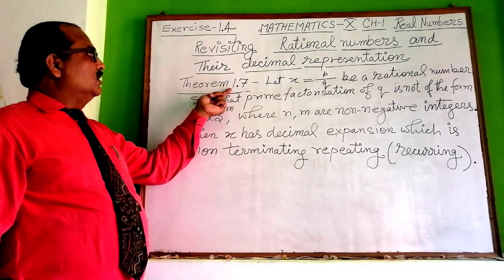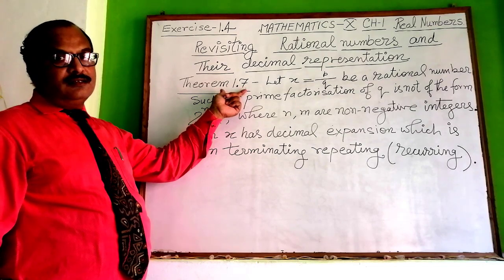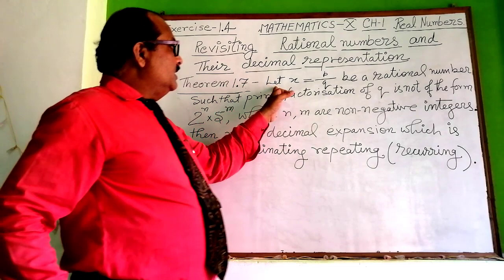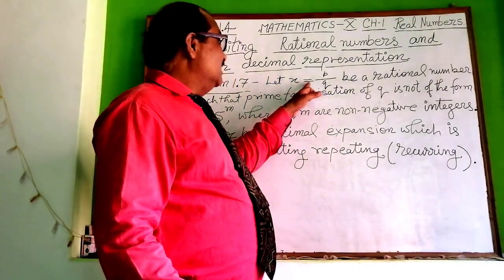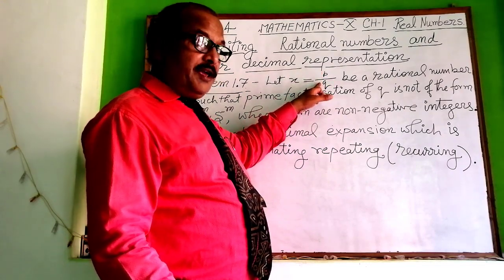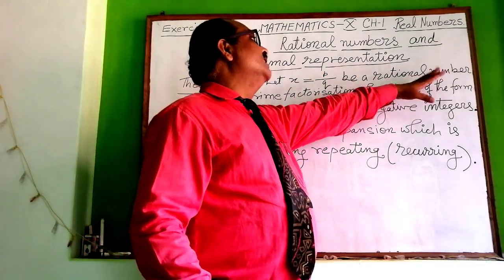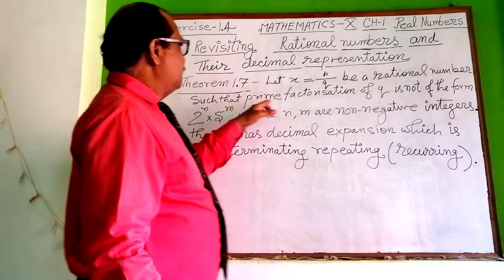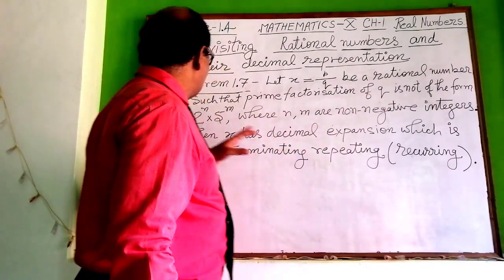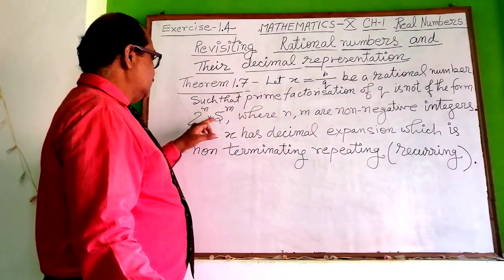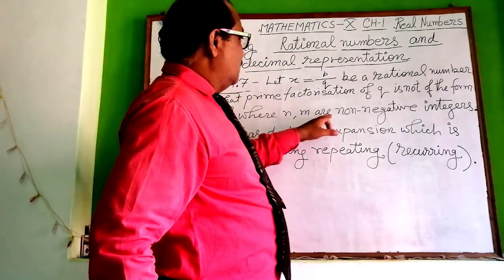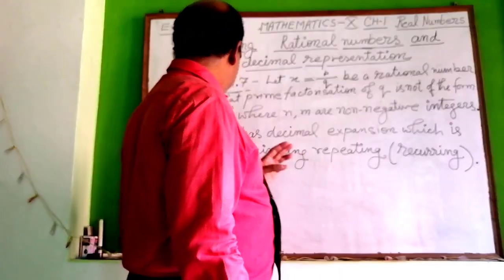Now see theorem 1.7, which is the last theorem of this exercise. Let any number x be in the form of p upon q, where p and q are co-prime. It is a rational number such that the prime factorization of q is not of the form 2 raised to the power n into 5 raised to the power m, where n and m are non-negative integers.